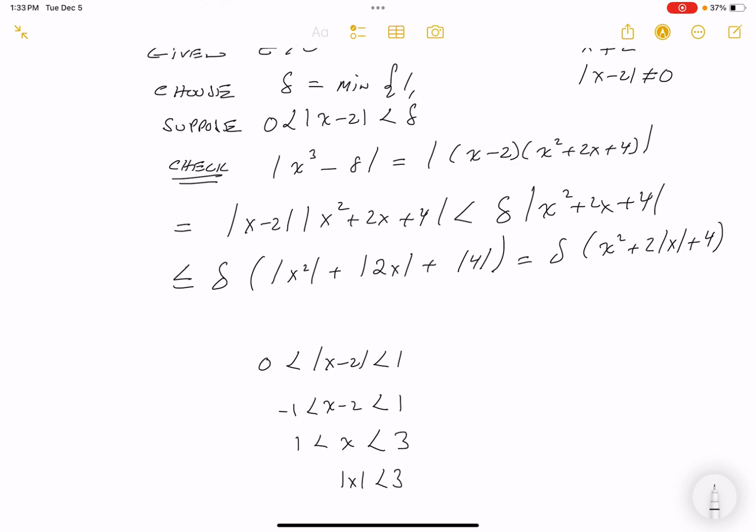I've got this part down over here. Let's get a bound on this now. So the delta times x squared plus 2 absolute value of x plus 4 is going to be less than something.